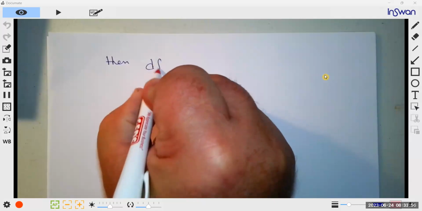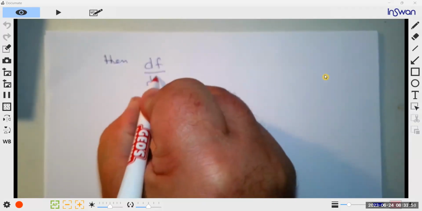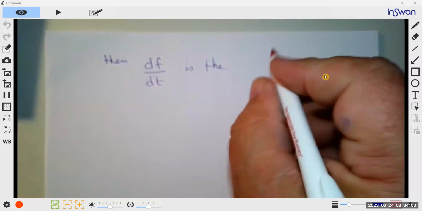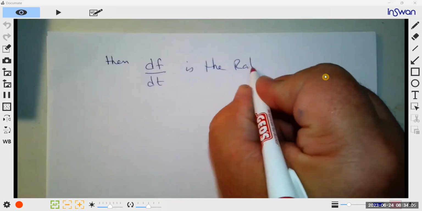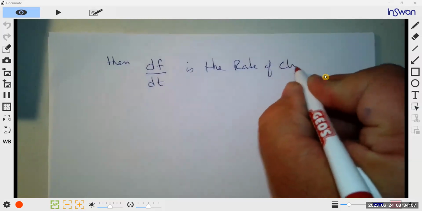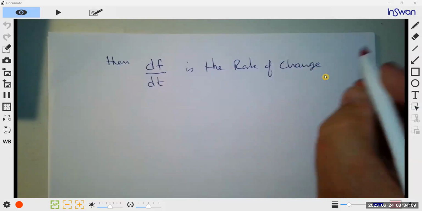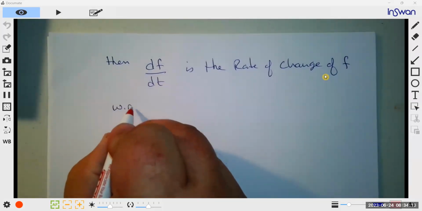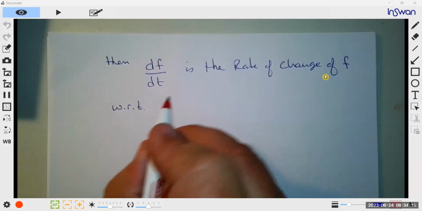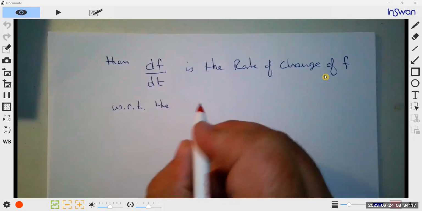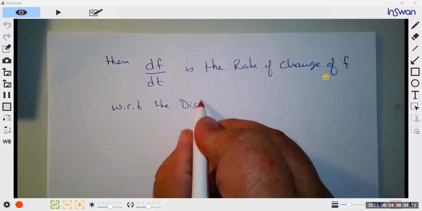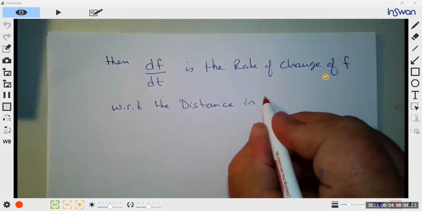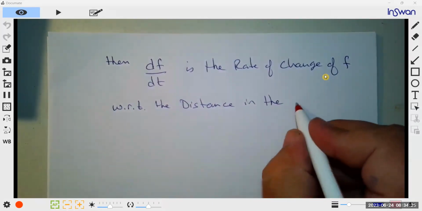then the derivative of the function with respect to t is the rate of change of f with respect to the distance in the direction of u.